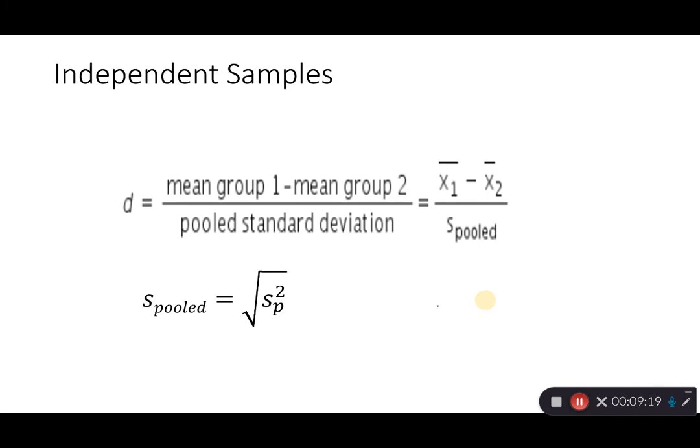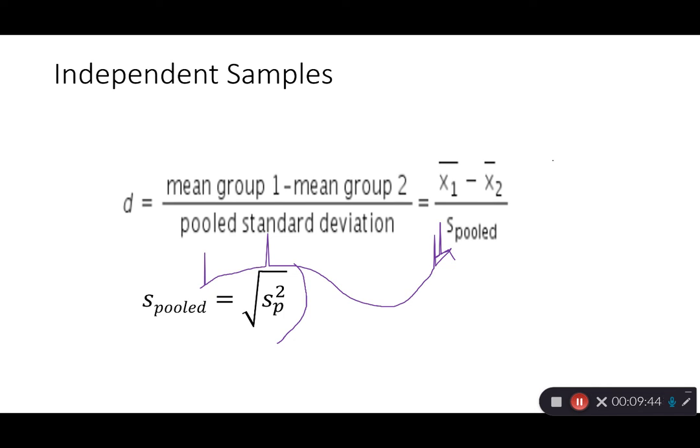We're accustomed to the pooled variance. That's part of what we need for the denominator of the independent samples t-test. If you take the square root of that variance, you have the pooled standard deviation. And it is that standard deviation, the square root, that is the denominator of the Cohen's d formula.